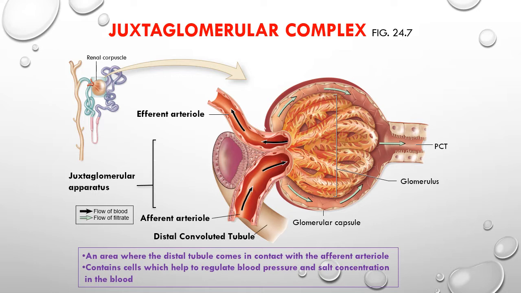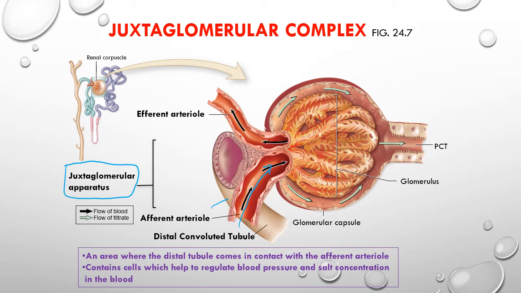One of the ways that we're going to help determine what we have going out in the urine itself is in this juxtaglomerular complex or apparatus. Some places you'll see it as a complex, some places you'll see it as an apparatus. And this is important as we come in through the afferent arteriole.